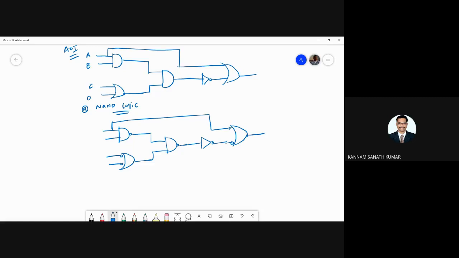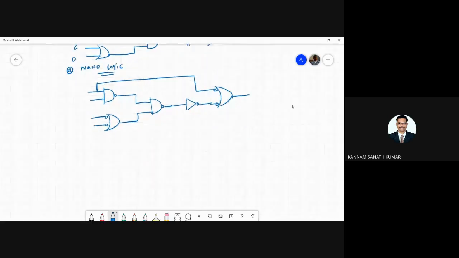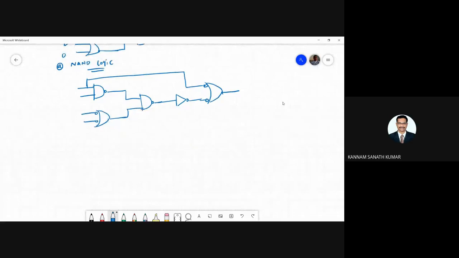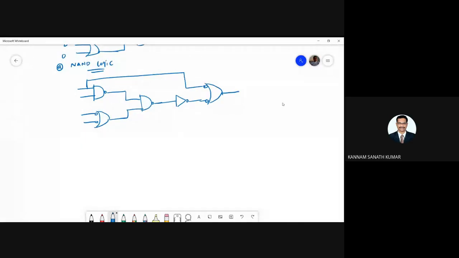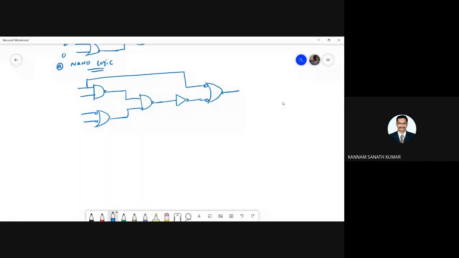Next, wherever you added a single bubble, you need to add an inverter.